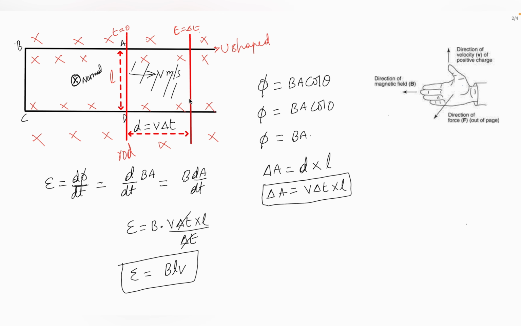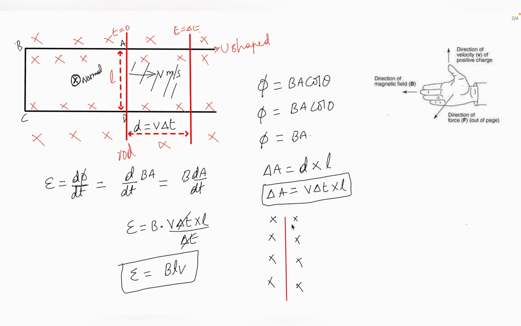As we have already seen, as the red color rod is moving to the right, there will be some force on the charged particles. Let me take that red color rod again here. Let us say this is the rod that is moving to the right, and we have the magnetic field passing into the page on either side throughout this.